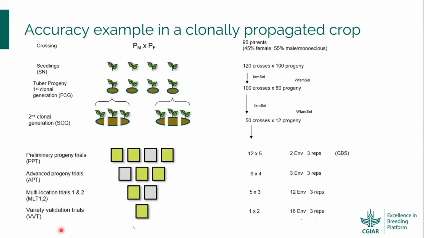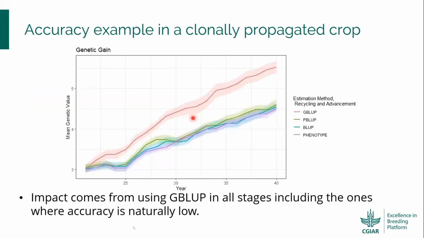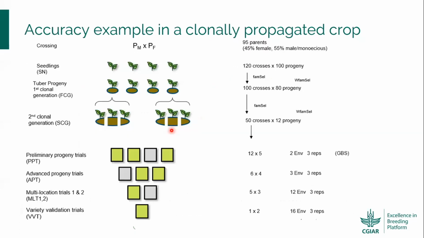So this is their breeding scheme, and we are simulating it as they reported, with their values, their number of traits, their genetic covariances, correlations, and heritabilities. And what comes out, if you make a change in the breeding program and start using G-blob to advance? Basically, the game changer for them was to apply it in the second clonal generation.